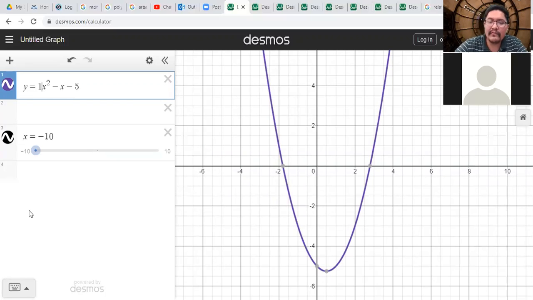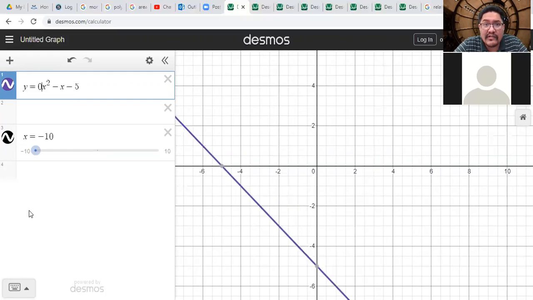So anytime you make the leading coefficient 0, that reduces the power of the entire function. If I put 0 in here, it's basically going to turn into a line function. That's why you can't have a leading term of 0, because now this is no longer a 2 power or a quadratic function. It is a linear function if you get rid of your leading coefficient.